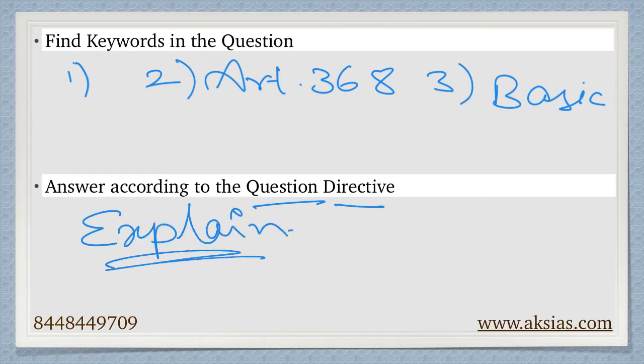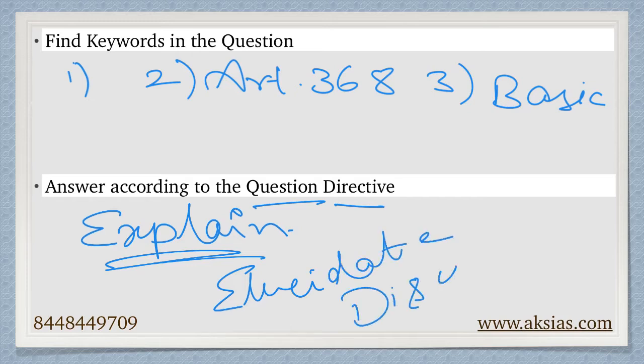Usually explain, elucidate, discuss, analyze, critically analyze, elaborate, etc. are all directives which have different meanings. When you answer a question, you should answer it according to the directive given. We shall explain the minute differences in each of these directives in another lecture.